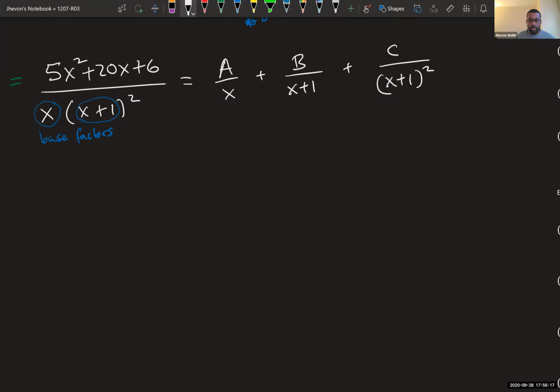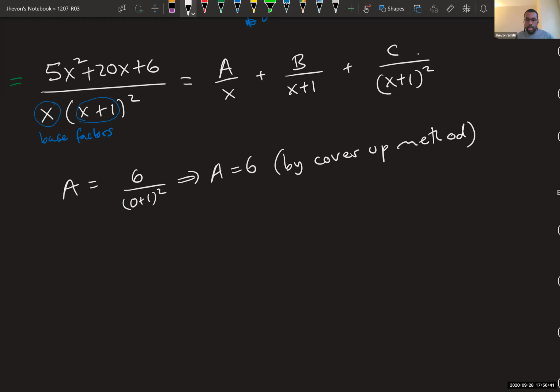Okay, so then I did the cover-up method to find A. I plugged in 0, and I got A equals 6. So this is 6 over 0 plus 1 squared. A equals 6 by cover-up method. Maybe I should put this in another color.